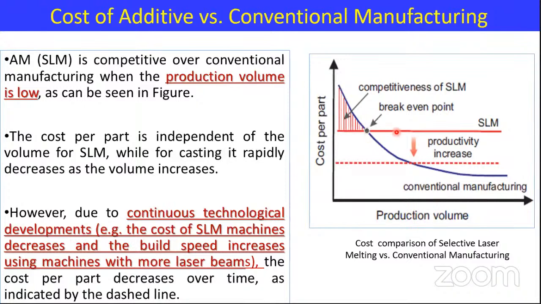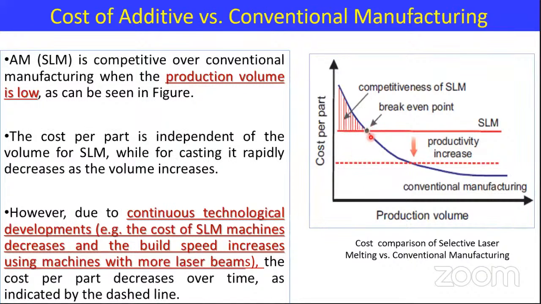So when we compare additive manufacturing and conventional manufacturing, we get a break-even point. From here, we can appreciate that the additive manufacturing route is very economically viable when we have a very low number of parts to be manufactured, right?